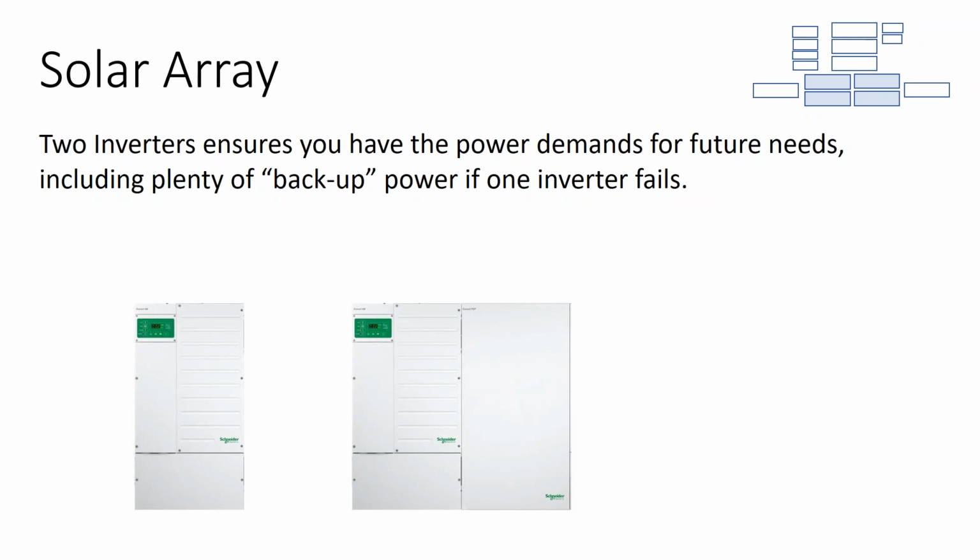If one inverter fails when you're grid connected, no biggie. You just run off the grid and you pay more for your electricity. Off-grid, if one inverter fails, you'll be out of power or just running full-time on your generator until it's fixed. So building in some redundancy is useful.